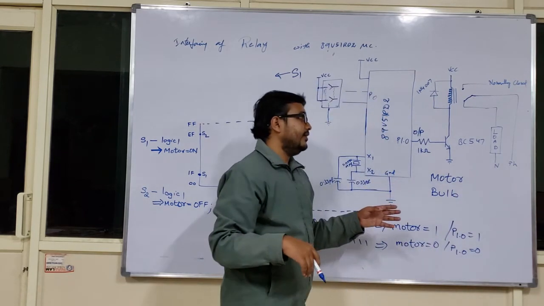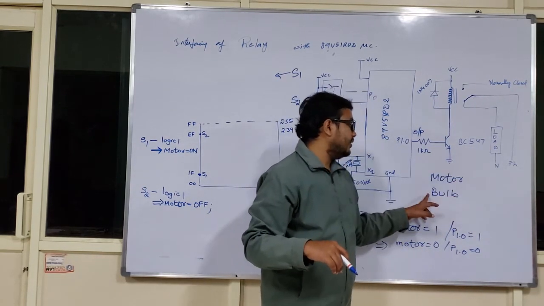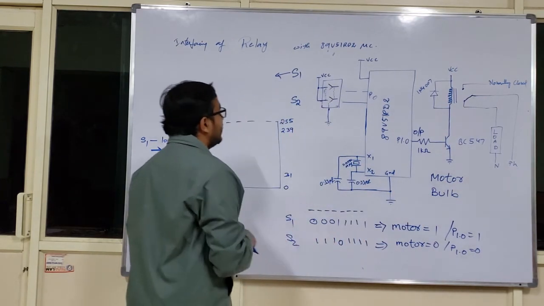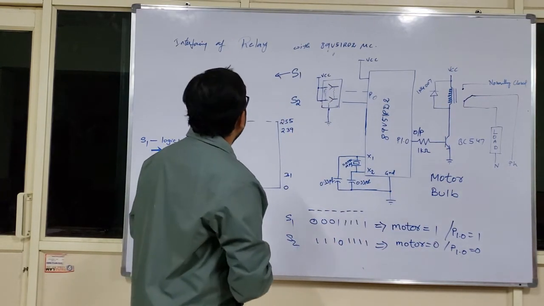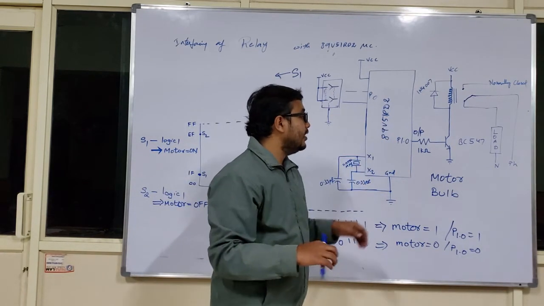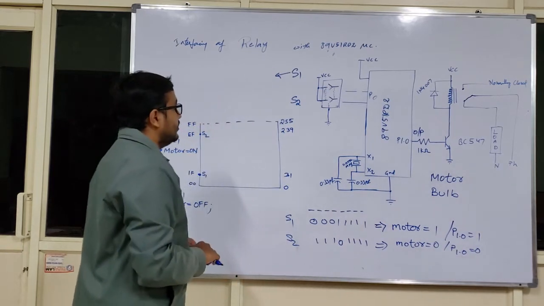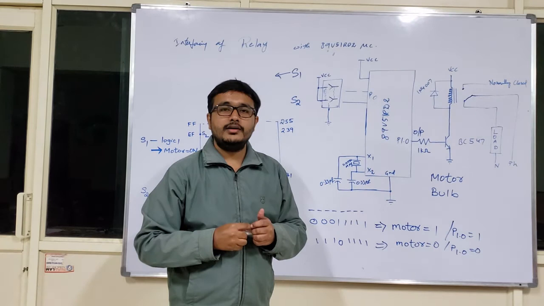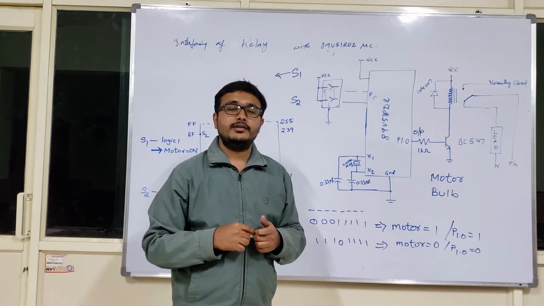In our laboratory, I would like to use a bulb as the load. This is the entire brief description of how to interface the relay with your 89V51RB2 microcontroller. Now let us move to the hardware part, and thank you for today.